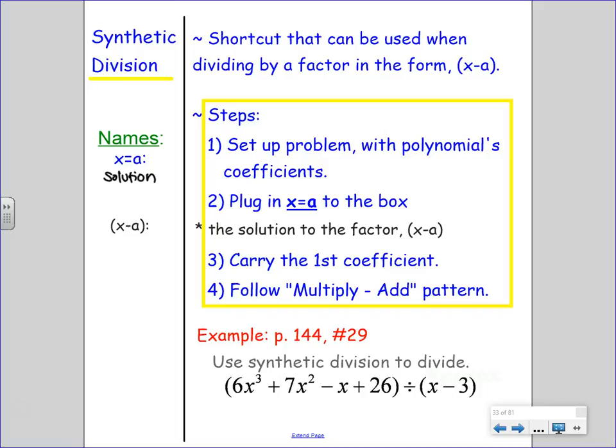It's a possible zero. So x equals a is a solution. X minus a is a factor. And technically, if that whole remainder is not zero, I'm going to say possible factor.